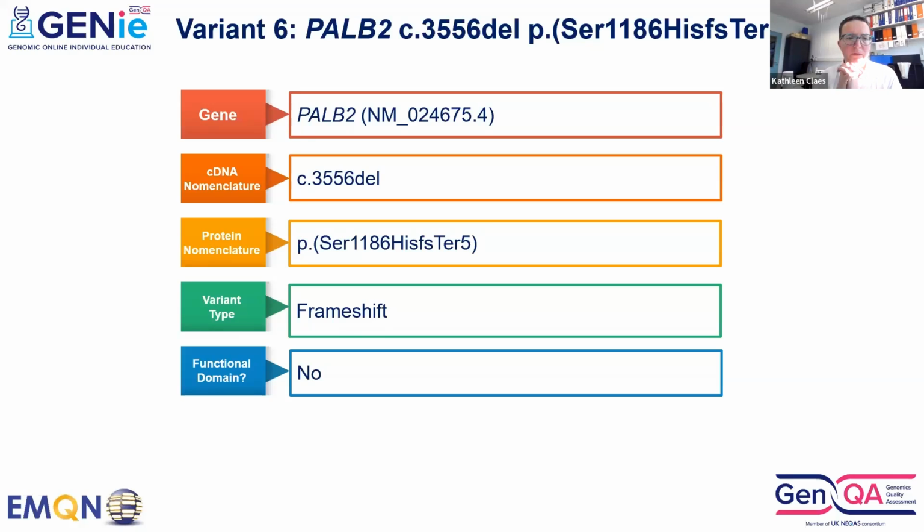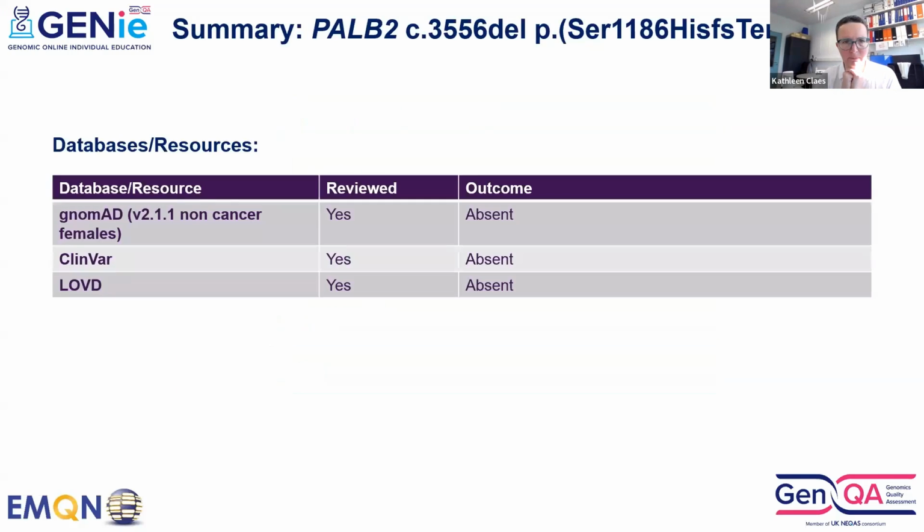It's a frameshift, and it's not located in a functional domain. Next slide, please. The variant is absent from all the databases we have consulted, like gnomAD, ClinVar, and LOVD.